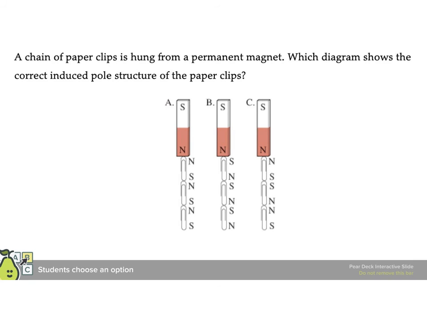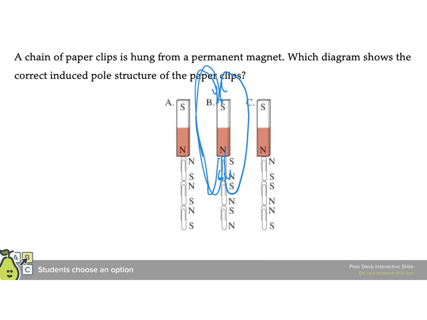A chain of paper clips is hung from a permanent magnet. Which diagram shows the correct induced pole structure of the paper clips? And our key thing is that the induced structure will line up with the existing magnet. So the existing magnet, remember, is doing something like this, leaving the north, re-entering in the south.